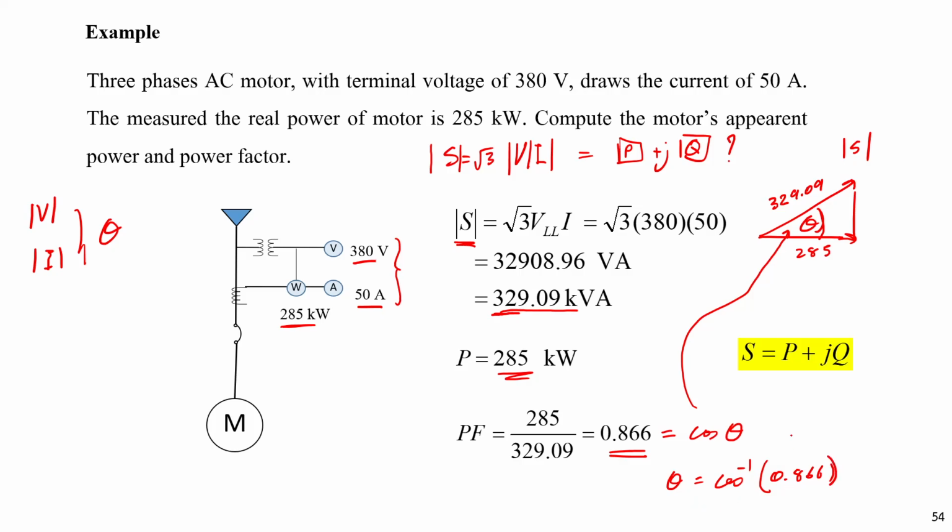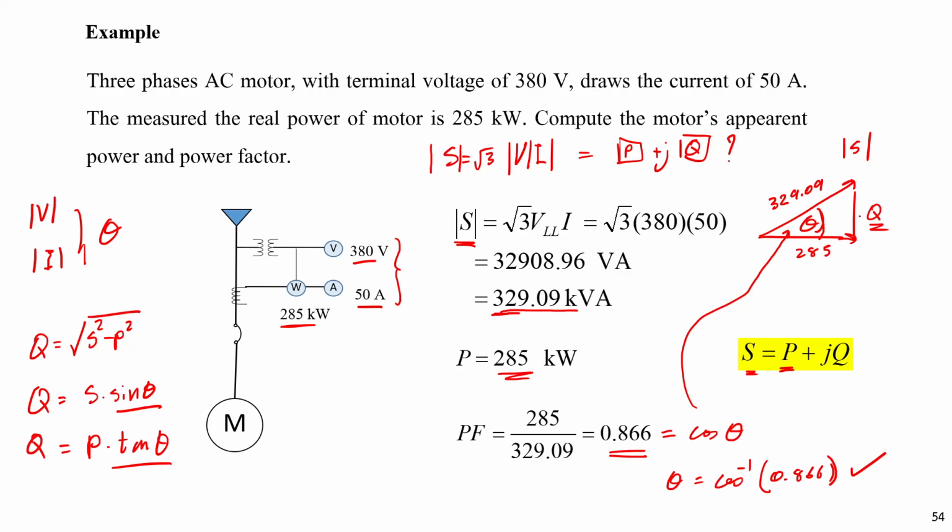Here we can see how much P, how much S, and then we can also calculate Q, the reactive power of this motor, from S and P. We can calculate Q by square root of S square minus P square, or Q is S into sine theta after we get theta, or we can get Q by P into tan theta as well. Q by P is tan theta.